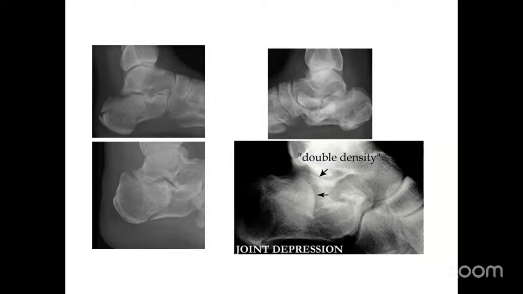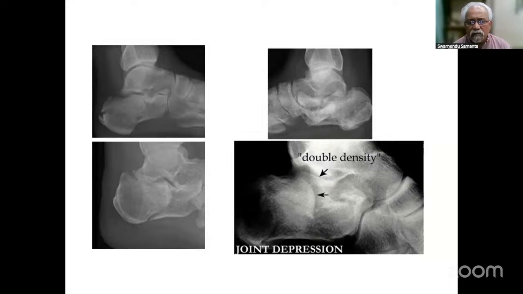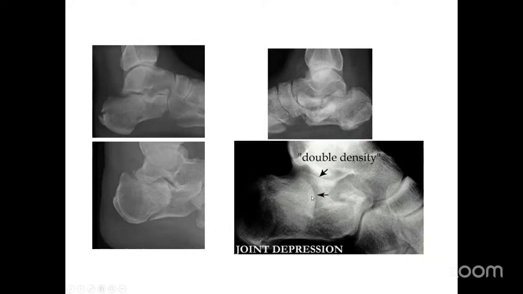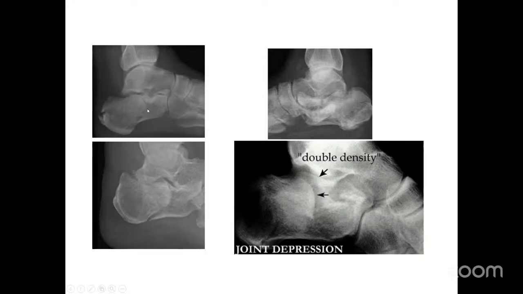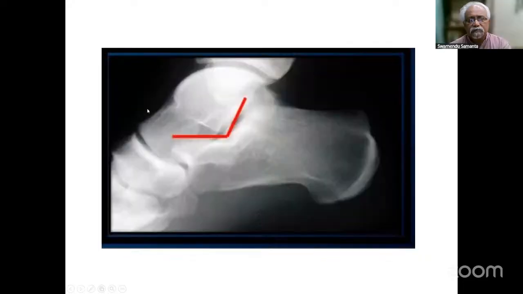So read the calcaneum classification and everything, and all the theoretical aspects of the calcaneum will come. I have given them for your understanding. This is known as the double density sign, and whenever you see this, you know the subtalar part is not in place. So you see all the Bohler's angle and the Gissane angle.